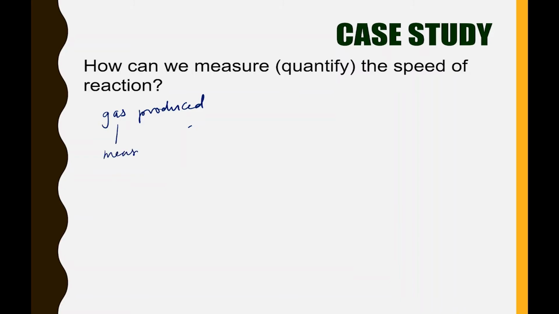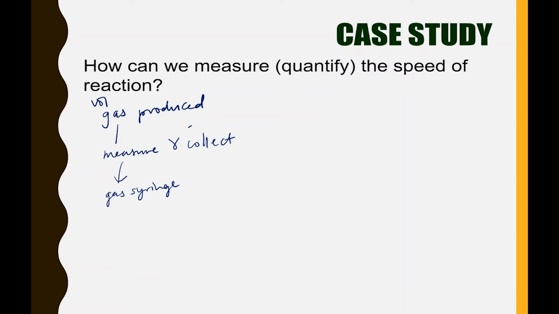I want you to try and recall what that method or apparatus was. You can recall it's actually the gas syringe, where you measure and collect the volume of gas produced.